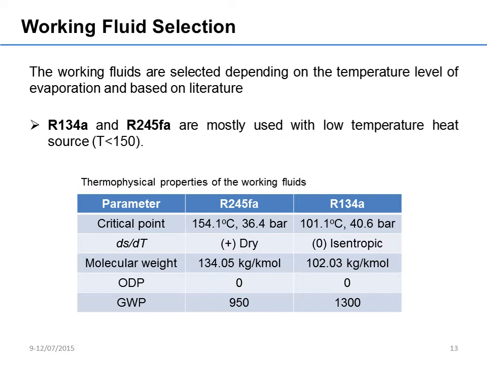In this study, the working fluids are selected depending on the temperature level of the heat source and based on literature. R134a and R245fa are the most used with low temperature heat sources less than 150 degrees Celsius, and these two working fluids are selected for this study.